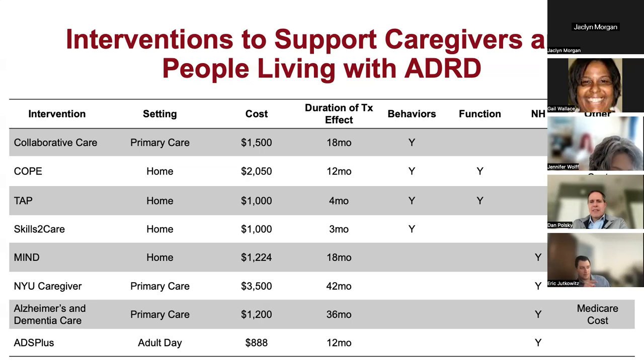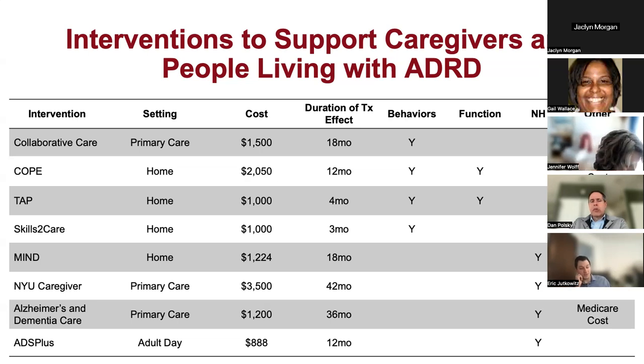The other point I want to make about this slide, and something that we've received feedback from reviewers about, is our approach has always been to compare each intervention to usual care instead of the interventions relative to each other. And reviewers have pushed back and asked us, why don't we compare them to each other? And our view has been that these interventions are actually complementary. They're not competing with each other.